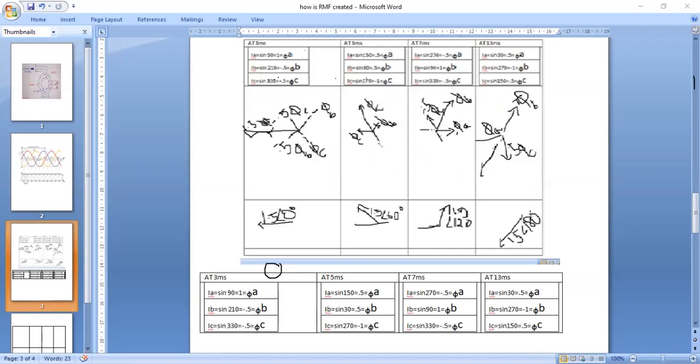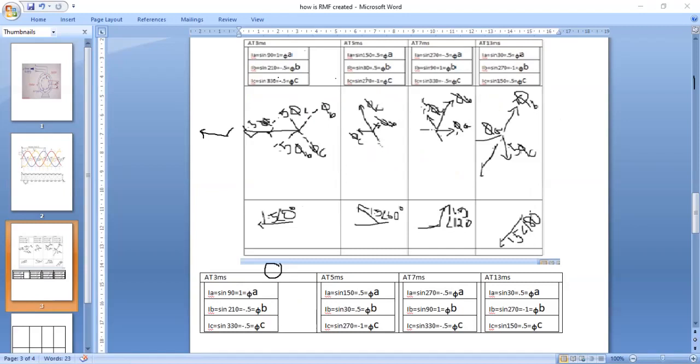Correspondingly, we have to understand what the magnitudes would be, and then we can draw the phasor diagram. For the first one, it is plus 1 in magnitude. The phase B is at minus 0.5.